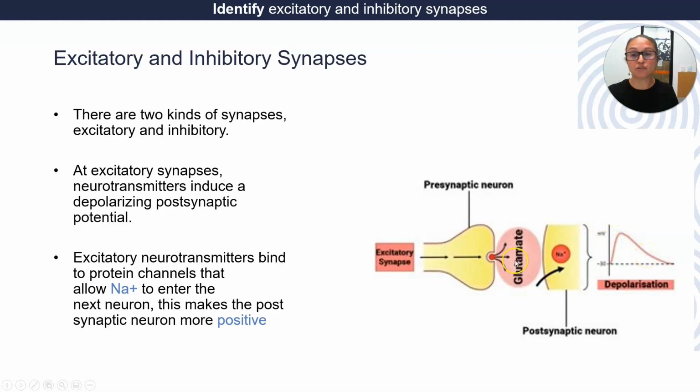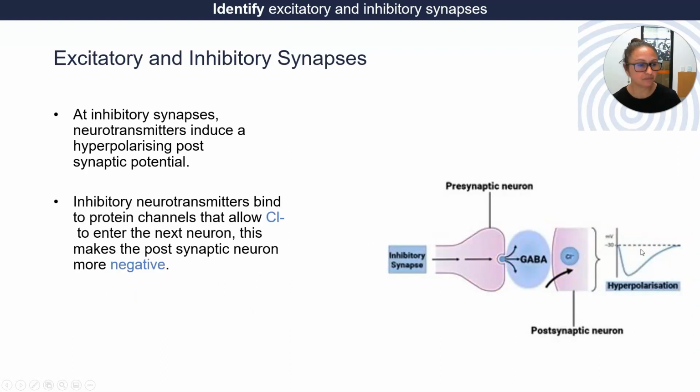For example, glutamate is an excitatory neurotransmitter. If an excitatory neurotransmitter causes sodium to enter the next neuron, it's going to have an excitatory effect, which means this neuron is going to become more positive and maybe kick off an action potential.